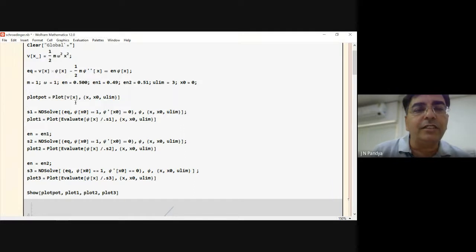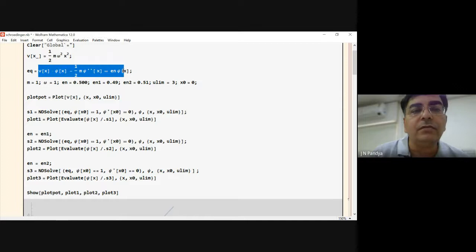See, in this case, what is happening is you have chosen En to be 0.5. And you are writing this in such a way that when you are writing EQ, you can see this EQ is an equation. And that equation looks like this. This is the equation that we normally write for harmonic oscillator.